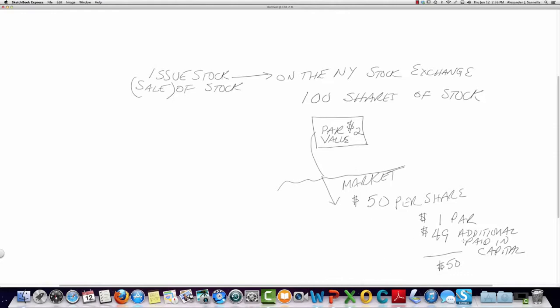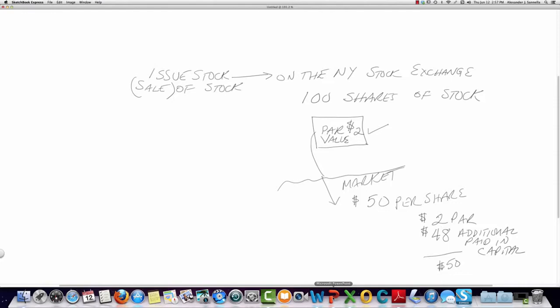I'm sorry, $2 here. Let me go back. So let's say the par value again is 2. That was my original assumption. And the additional paid in capital in this case is 48. Okay, so par value is $2, and if you sell it for 50, the additional paid in capital is going to be $48 per share.